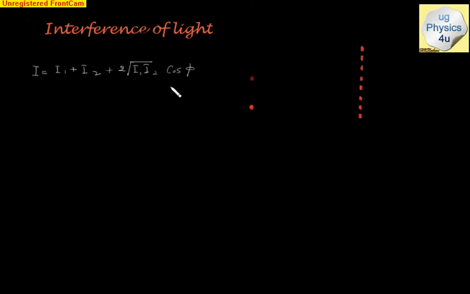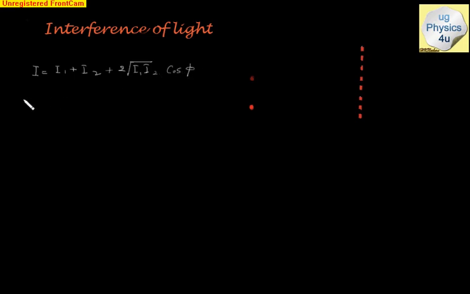Now we want to analyze what happens with cos phi and how intensity is related to the amplitude of the light emitted from these two sources. For that purpose, I will write this equation in terms of intensity.